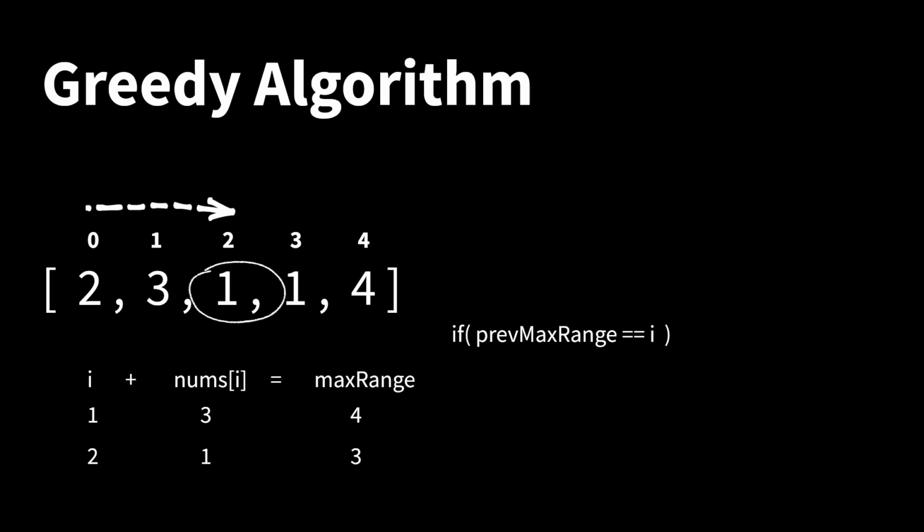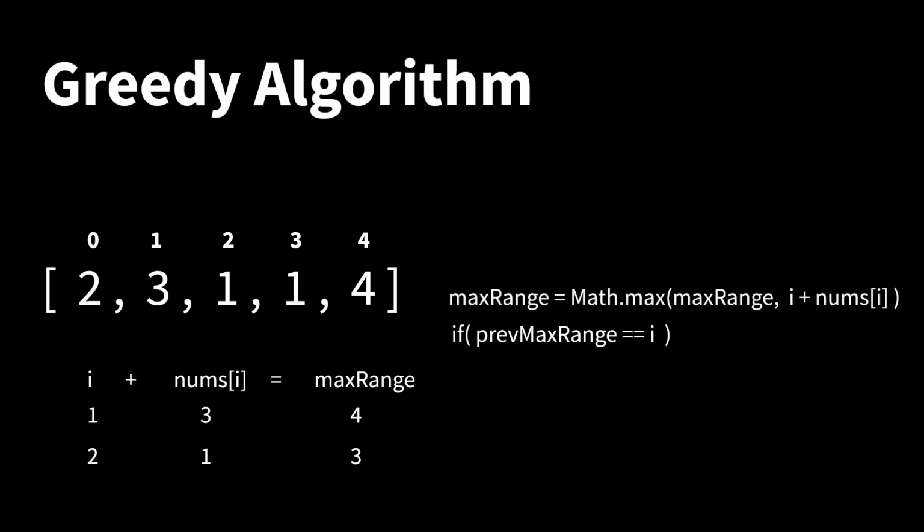Up to there, you always check what your maximum range is at each position, and you store that maximum range. Once you have exhausted your previous maximum range, you update your previous maximum range with your current maximum range, and you count this as one jump. You basically exhausted one jump here, right?